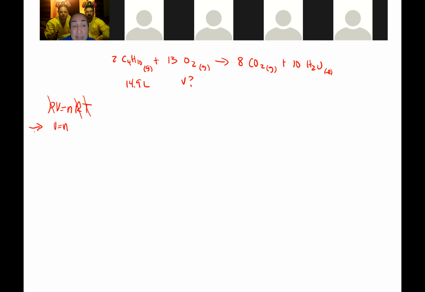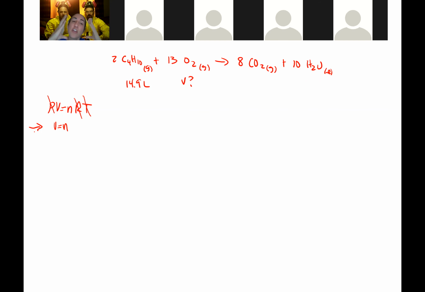What does it tell you, just in simple terms? Volume equals moles. Yes. So when you have constant temperature and pressure, the number of moles of a gas is going to be directly proportional to its volume, regardless of what that gas is. It doesn't matter that they're different gases, which is why Avogadro is so phenomenal.